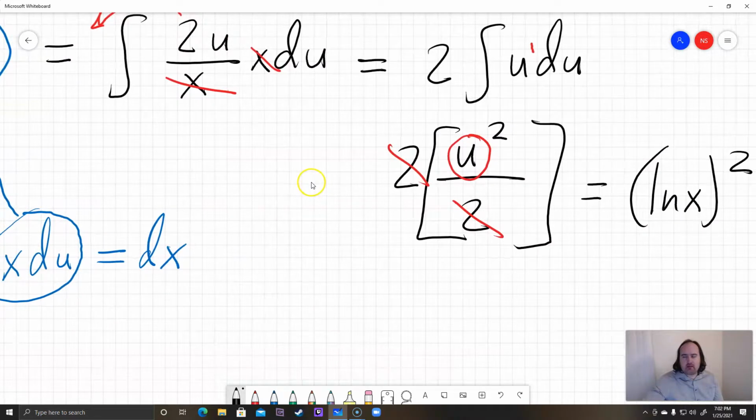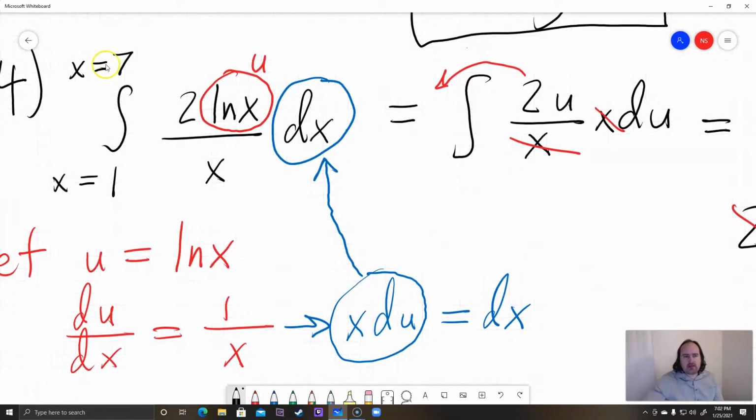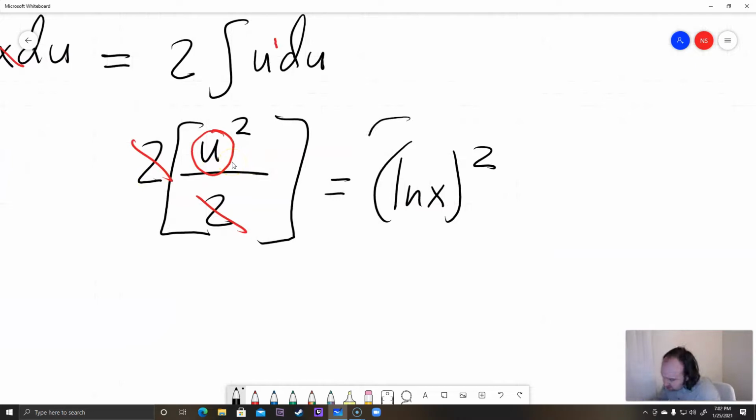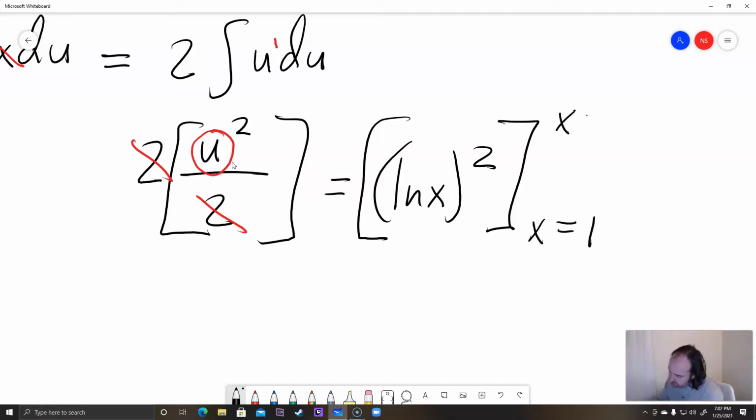Okay, so we've done most of the problem now, but we still have to plug in the numbers at the end. So we have to plug in x equals 7 and x equals 1. We're evaluating this from x equals 1 to x equals 7.